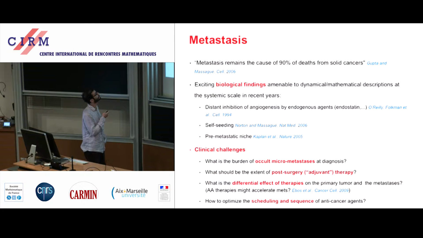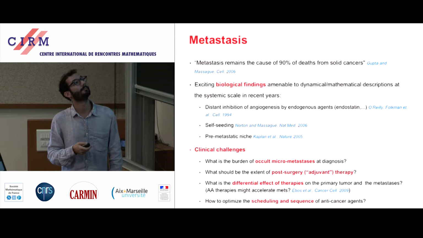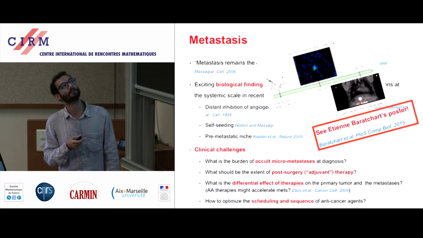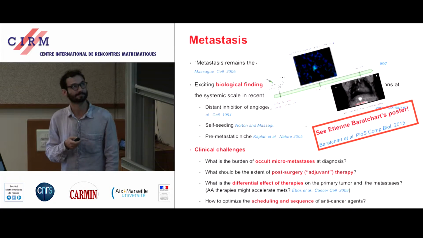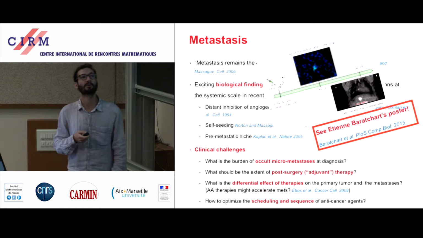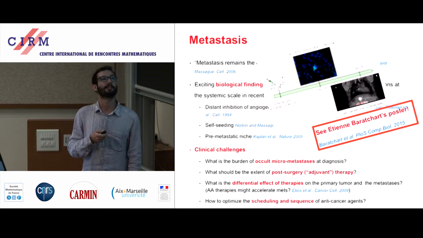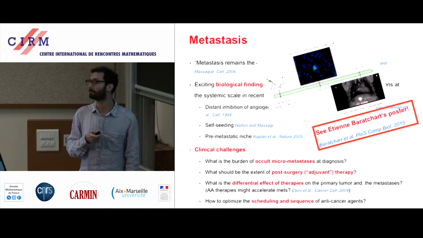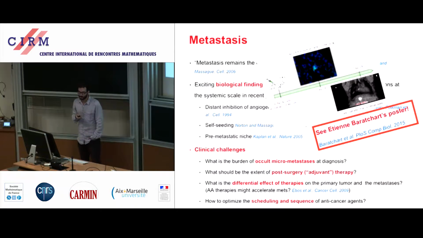We will actually focus on the first topic, distant inhibition of angiogenesis by a primary tumor on the metastasis, in the second part of this talk. Other phenomena include self-seeding and the pre-metastatic niche. You might have seen Etienne's poster yesterday and his recent paper about some really nice biological insights on the metastatic initiation process.